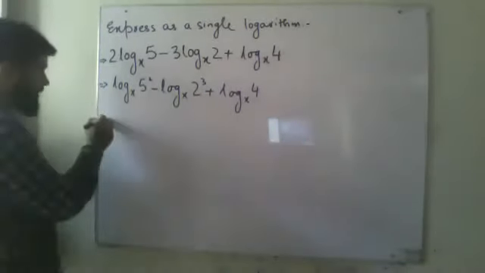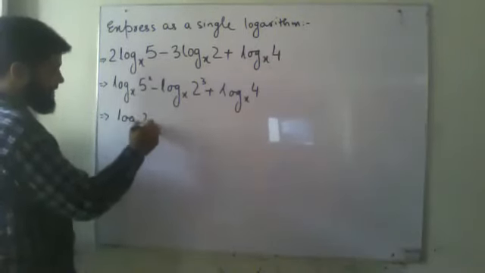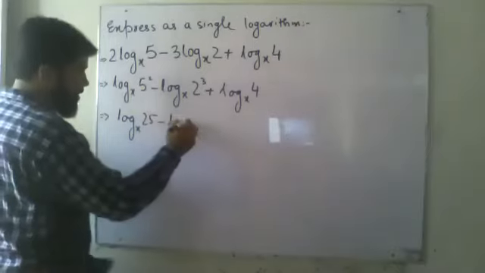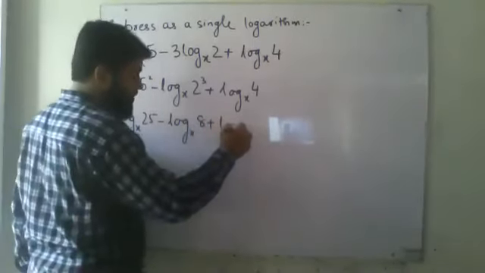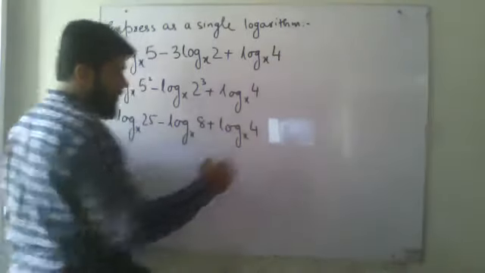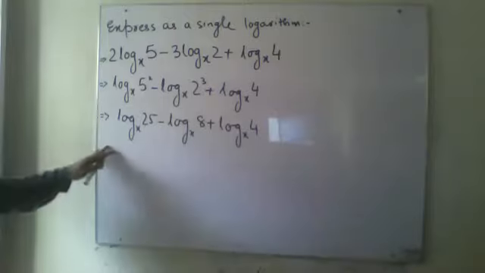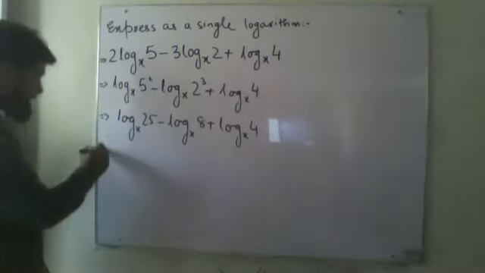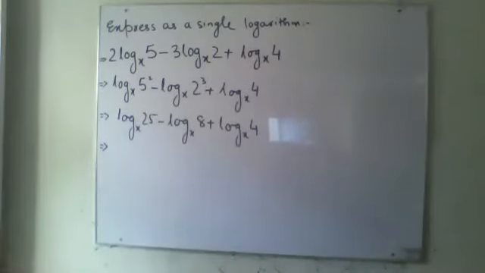Simplifying it further, log base x 25 minus log base x 8 plus log base x 4. Okay, this is the thing which I have got right now. After this, I am doing an arrangement over here. How am I doing it?